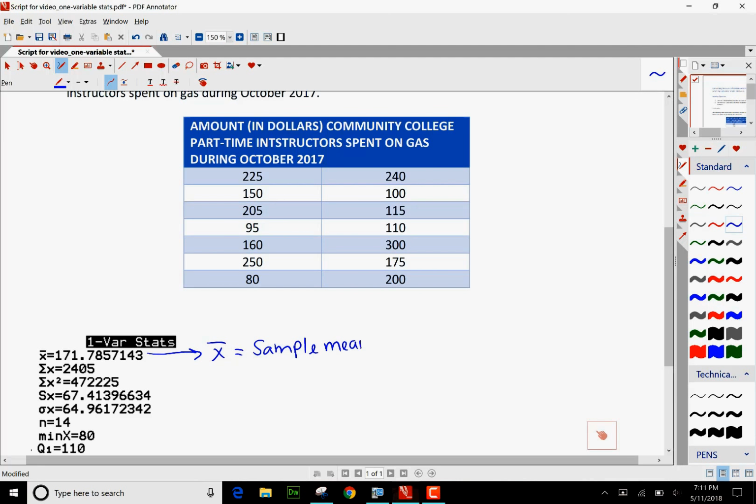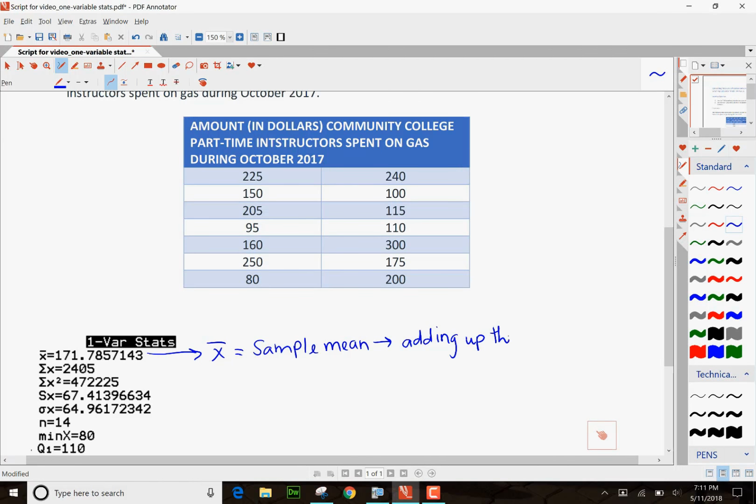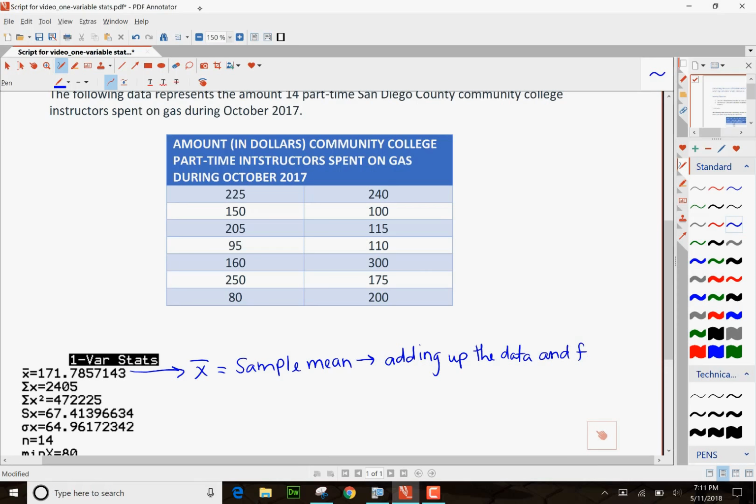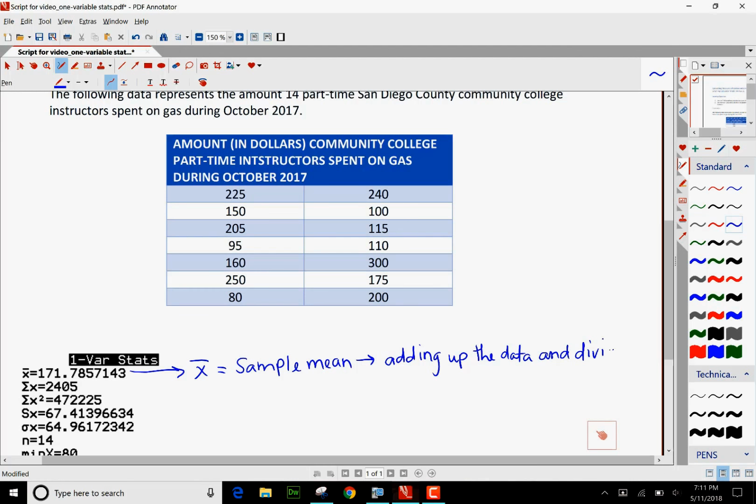Which means, no pun intended, you find it by adding up the data and dividing by the number of data values in this case.